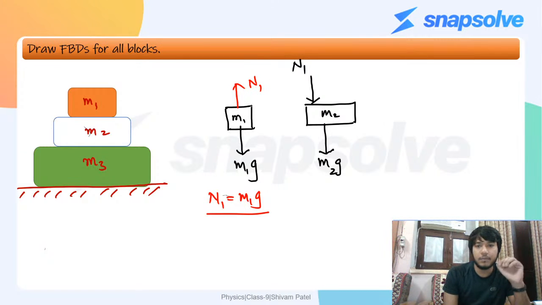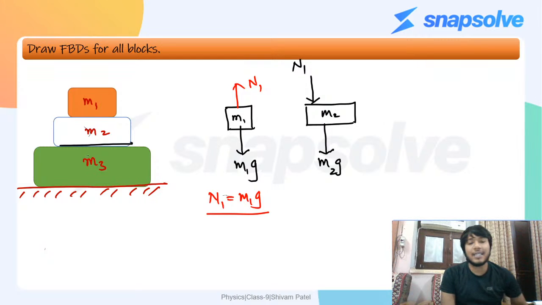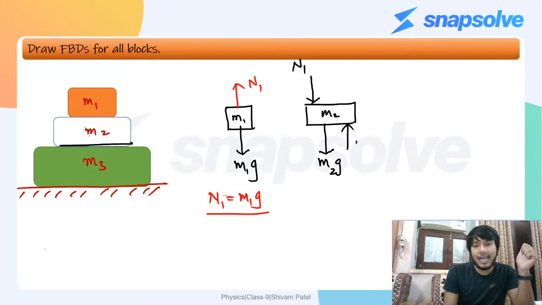Clear है? Now see, m2 is in contact with m3. ये वाला surface contact में है, right? So m3 will exert an upward force on m2 that I'm marking as N2. This is the normal reaction force between m2 and m3. ये क्लियर हुआ या नहीं हुआ, जल्दी से मुझे बता दो. And the net force acting on m2 is also zero because this is at rest.